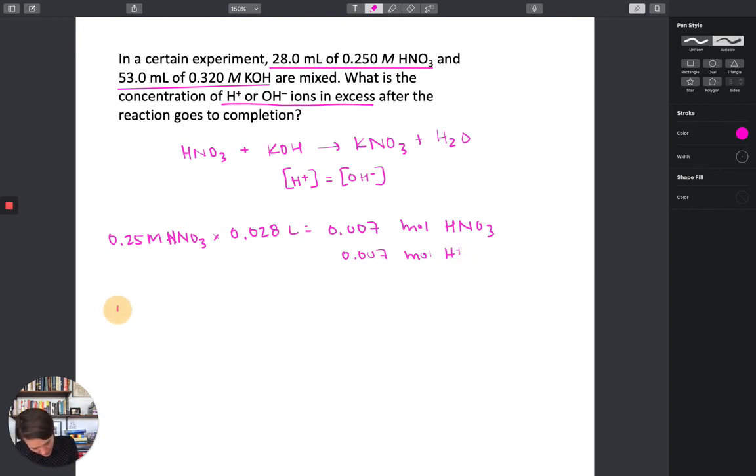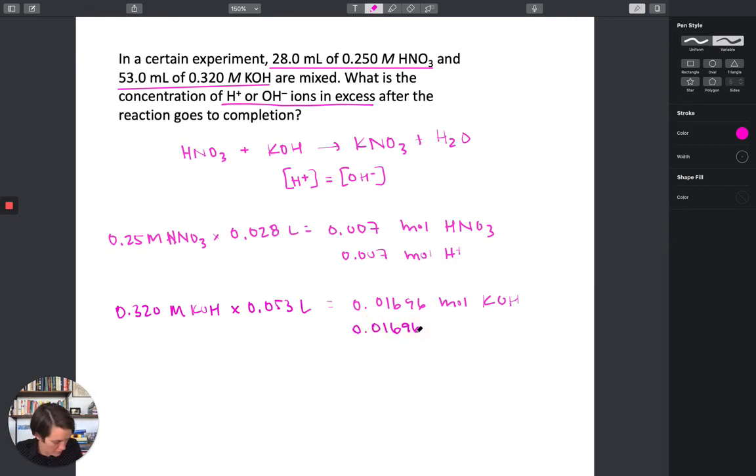Now we have our 0.320 molar KOH times our 0.053 liters, and we get 0.01696 moles of KOH.